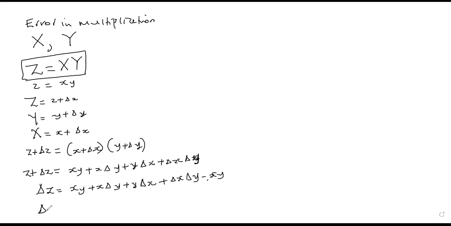So we shall have our delta z as x delta y plus y delta x plus delta x delta y. So what we do here, we shall neglect delta x delta y because it is very small.